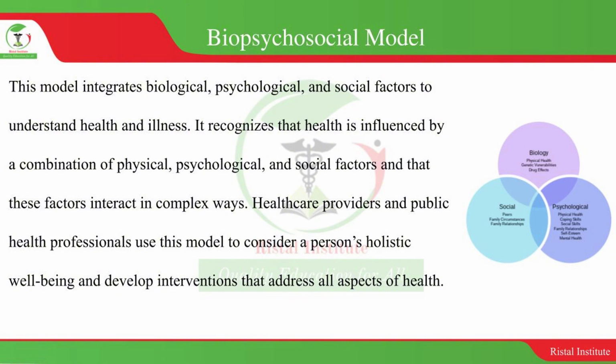So when someone has malaria, that malaria will affect the physical health and it will be treated. That is the biological aspect here. And then for that same person who has malaria, we are going to look at what is happening at this person's home.